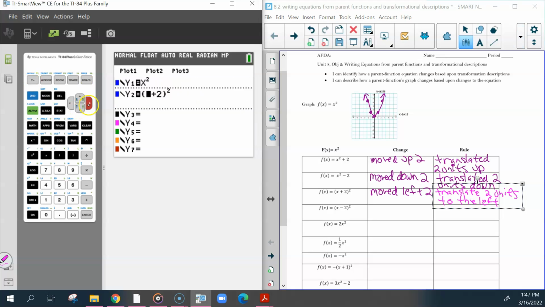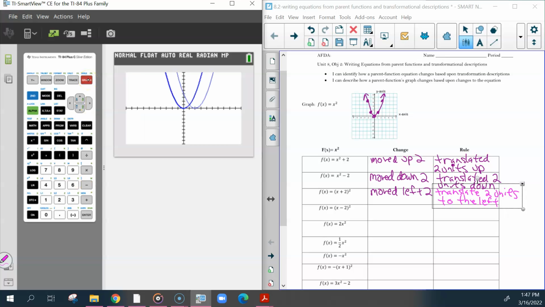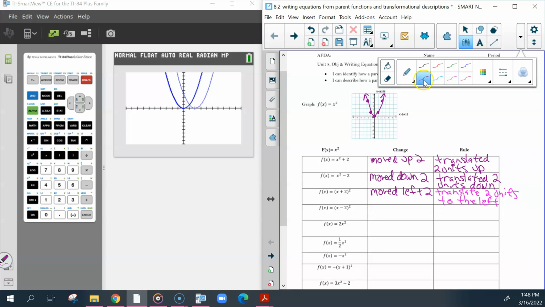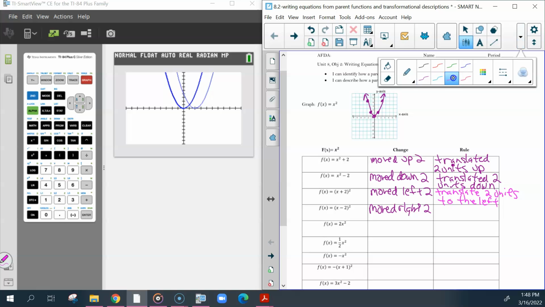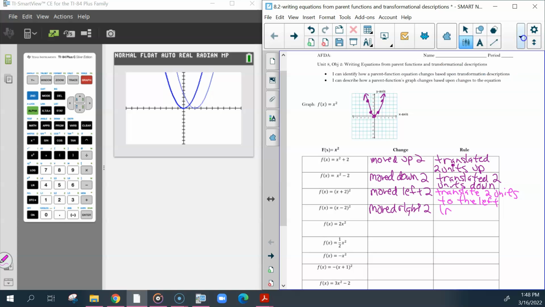Now, instead of plus 2, we're moving this. And as I said, it did just that. So this moved right 2. That would be translated 2 units to the right.